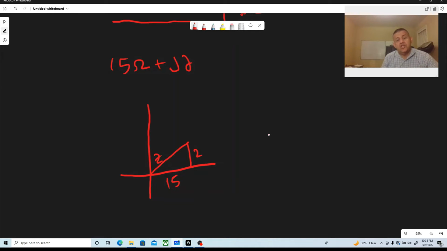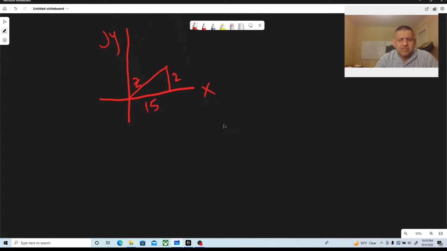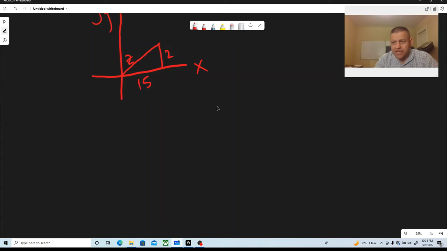This is X, and we call this J, Y, because it's the imaginary part. The X is right here, and the J, Y part of it is there.